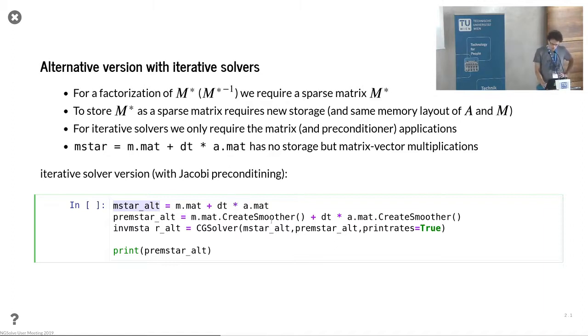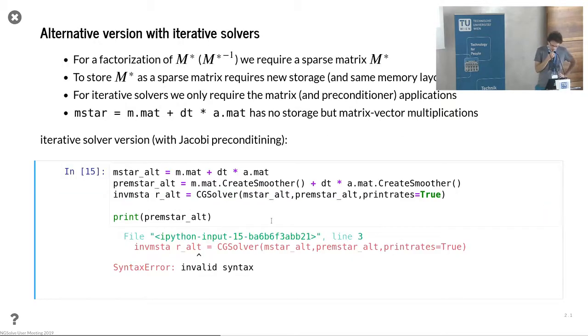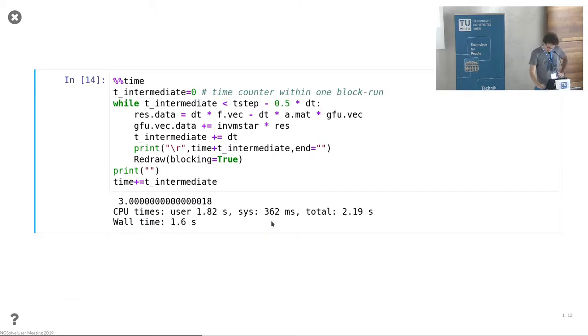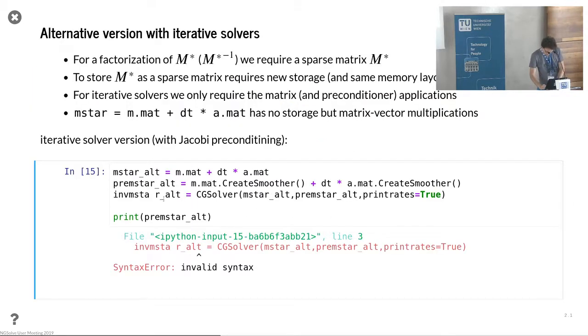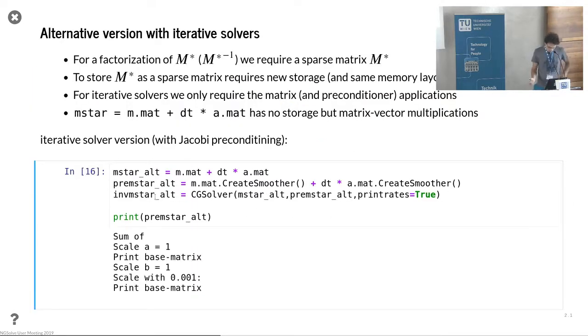Similarly, you could try doing a corresponding Jacobi preconditioner just by setting up this as a linear combination of the corresponding Jacobi preconditioners of the individual matrices. And then you could solve this iteratively. I introduced a star here.